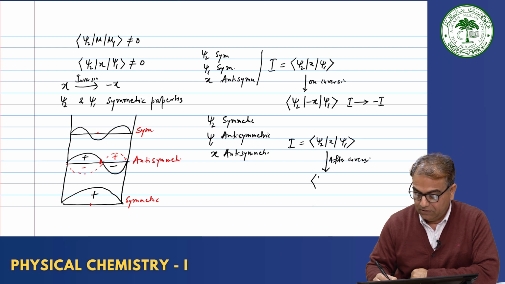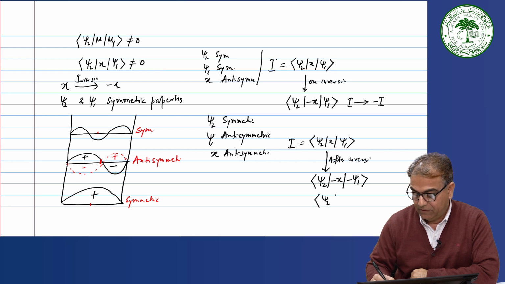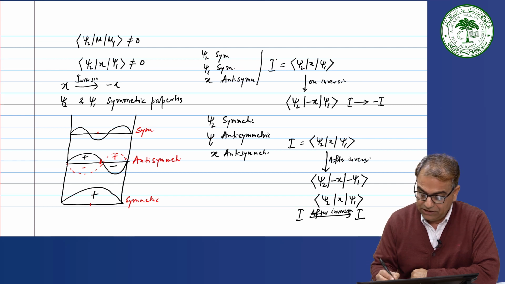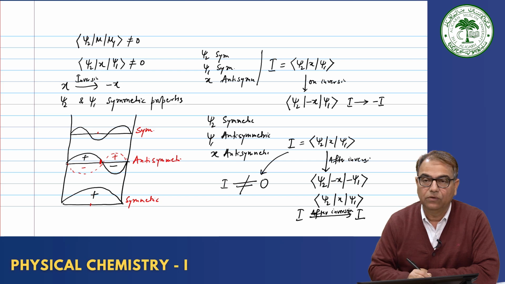After inversion, psi 2 is symmetric, so psi 2 will remain as such. X is antisymmetric, so this will become minus x, and psi 1 is also antisymmetric, so this will be minus psi 1. As a result, you will have psi 2 x psi 1. Means I remains equal to I after inversion. It means in this situation I is not equal to 0.